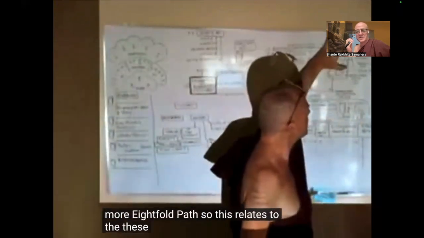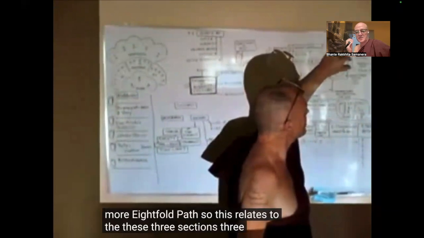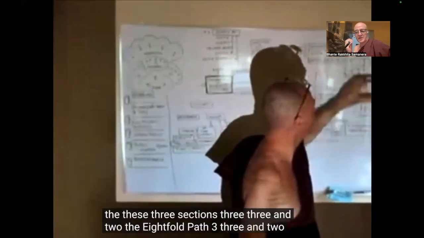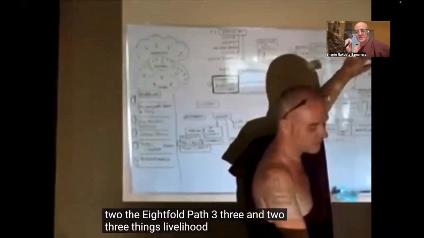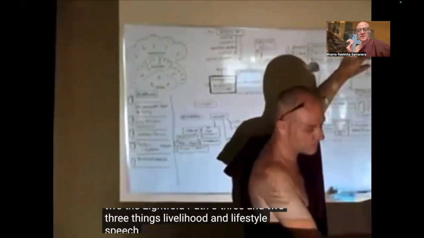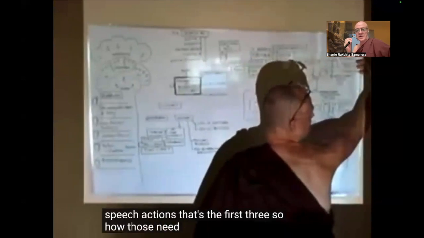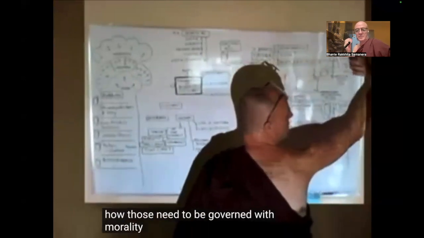This relates to 3 sections, 3, 3, 2. The Eightfold Path: 3 things, livelihood and lifestyle, speech, actions. That's the first 3, which need to be governed with morality.